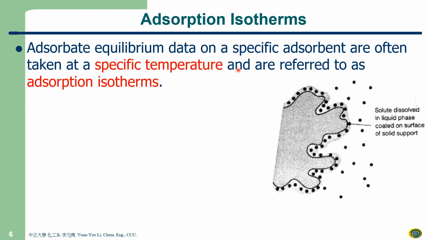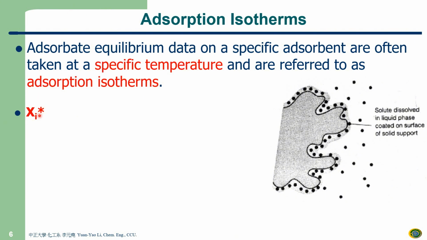So adsorbate equilibrium data on a specific adsorbent are often taken at a specific temperature. Specific temperature means what? Constant temperature. And are referred to as the adsorption isotherm. And the amount of adsorption is what we call Xi star.